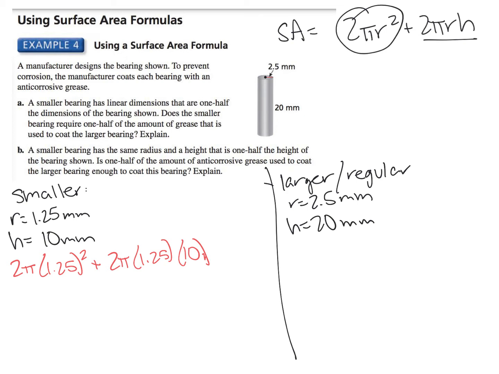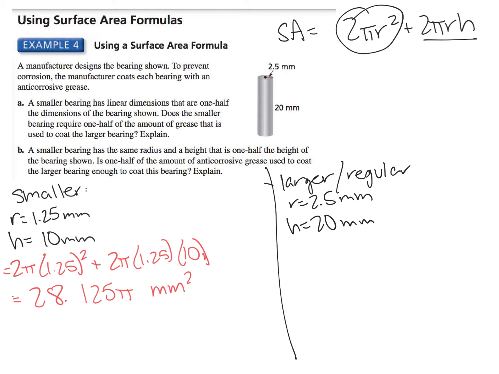Ignore doing it with the pi's because we don't need to plug those in this case. We are going to get 28.125 pi millimeters squared. We are going to be comparing the regular and the smaller, so the pi's are irrelevant in this case. You don't need to worry about it yet.